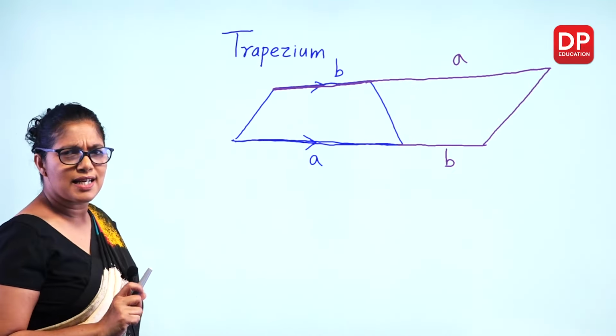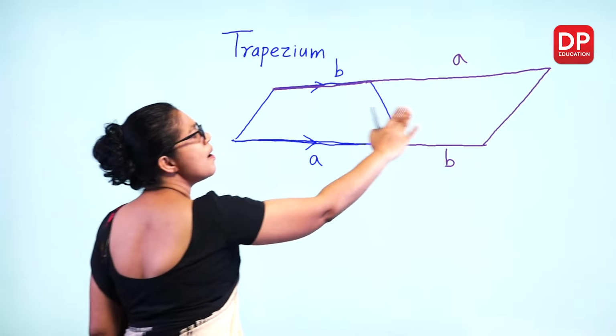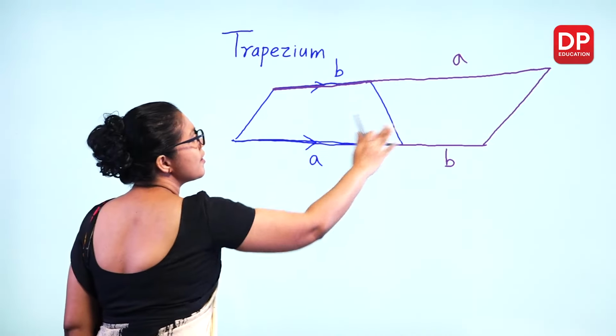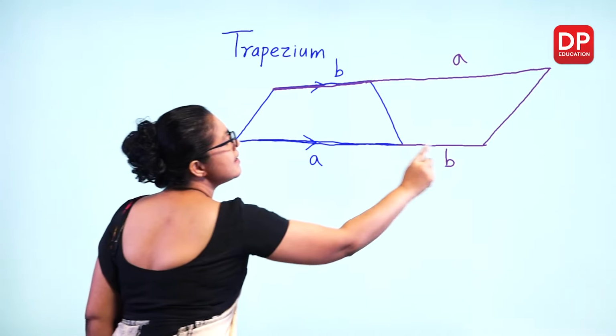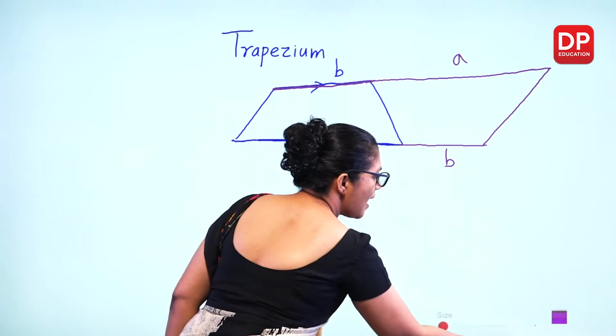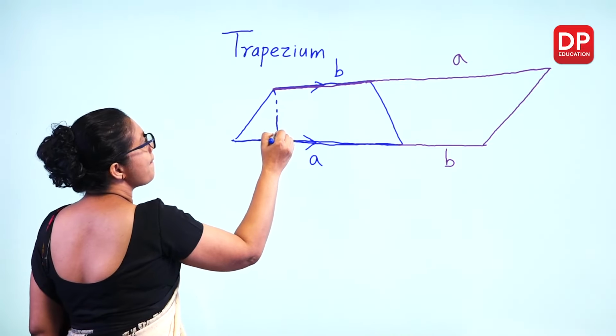So what you get here, when you take two trapeziums, is a parallelogram. So what's the big parallelogram's base length? This is the base length. Now I'll take the perpendicular height as h.